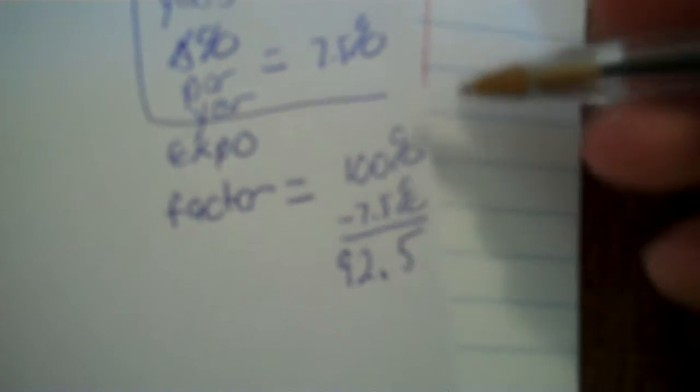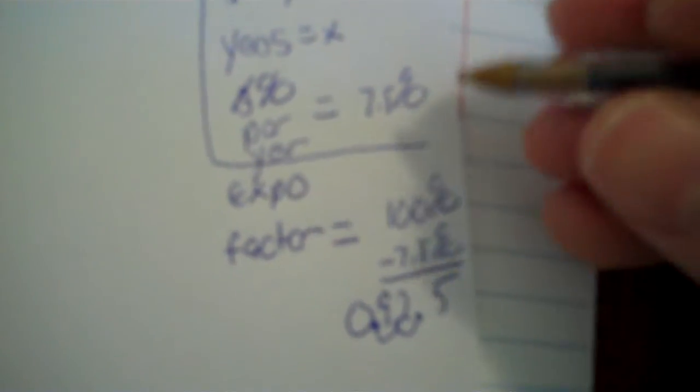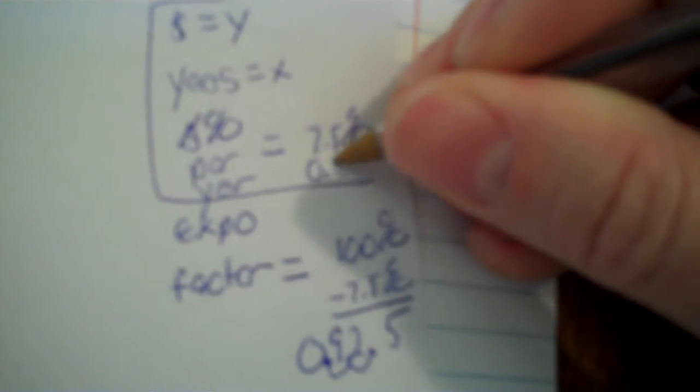Then the decimal's here, but you still need to move it twice to the left. So 1, 2, so 0.925 is my factor. You might want to put your factor right there, 0.925.